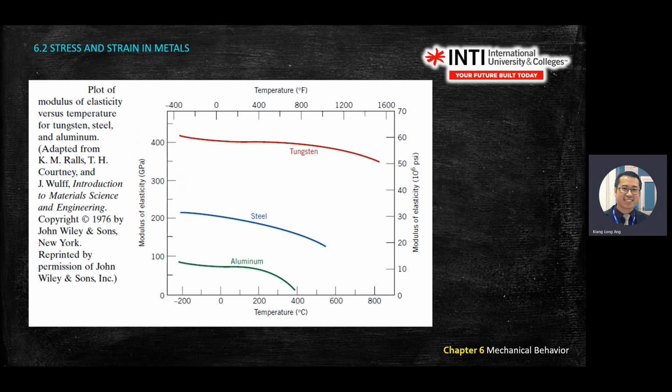These are important when you come into your product design module later. When you come to your final year subject, or you do your final year projects, you need to verify and explain the values that you use in your calculation.